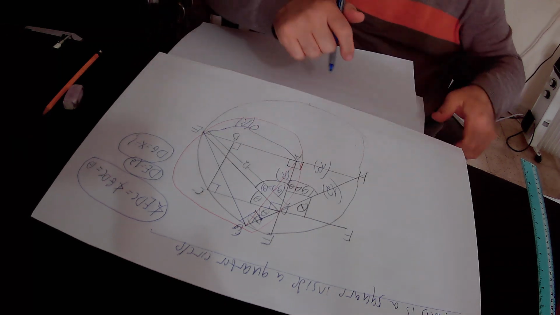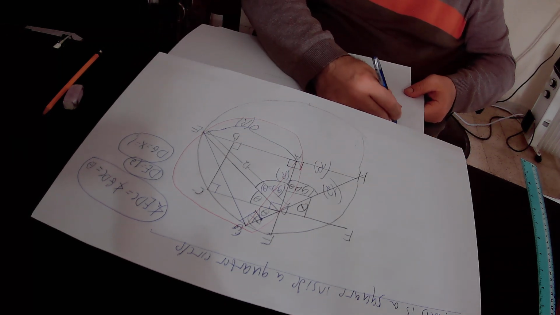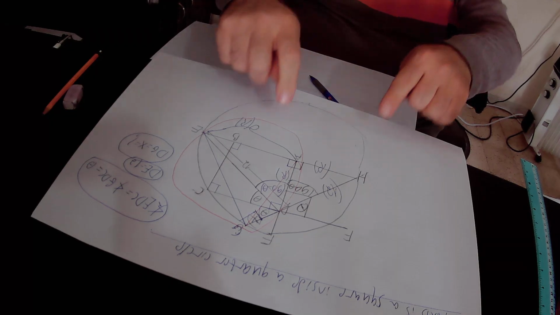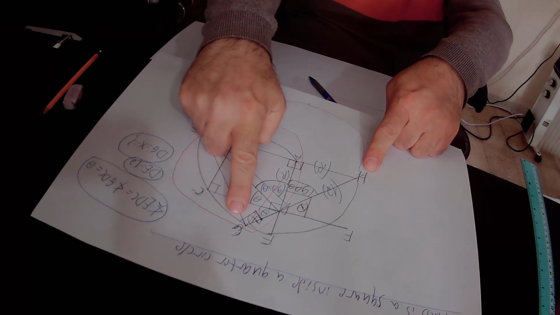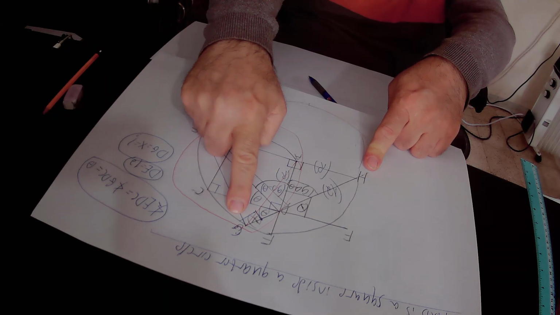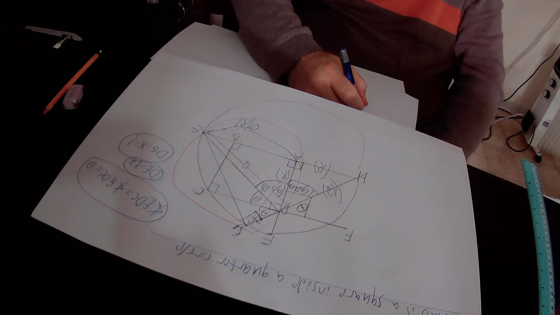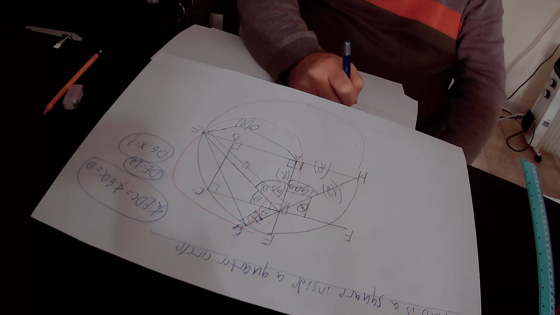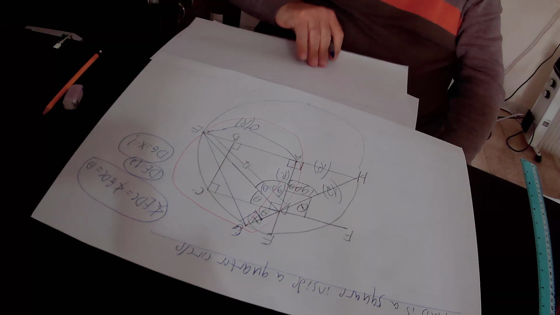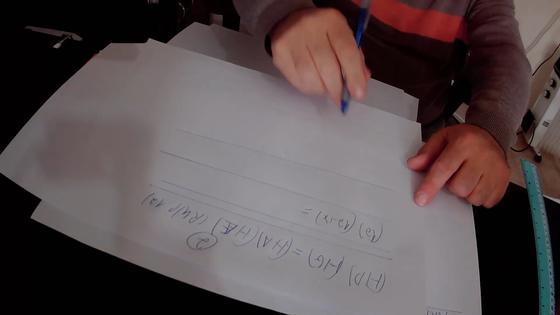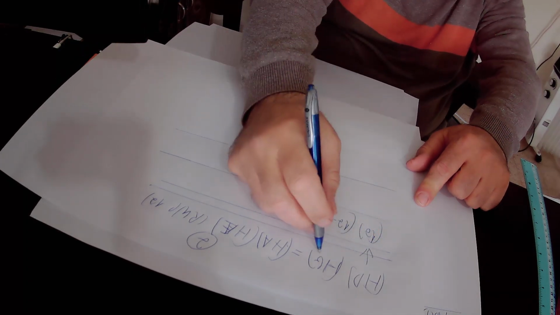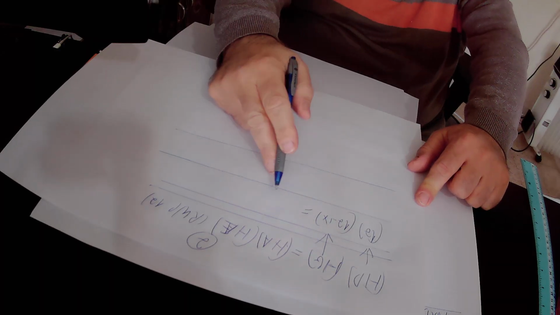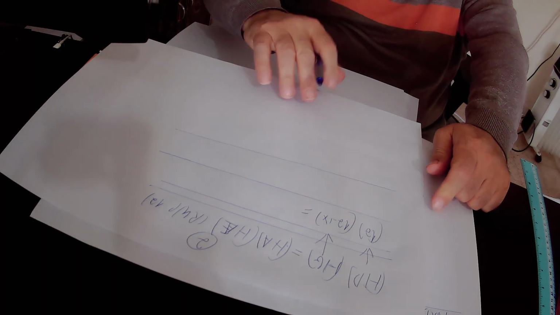HD is 12 times HG. HG in total equals 12 plus X, because HD is 12 and DG is X. So in total HG equals 12 plus X. Again, HD is 12 and HG is 12 plus X, and it equals HA times HE.